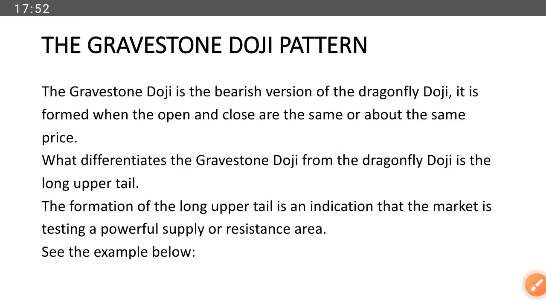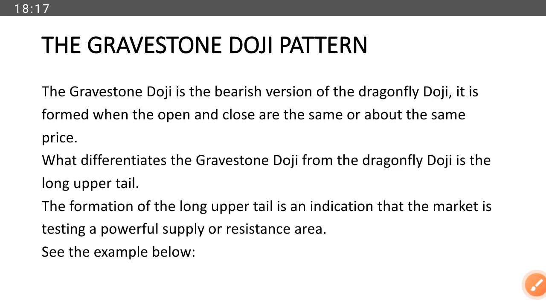The next one is the gravestone doji pattern. The gravestone. As the name indicates, it says grave. You know the way a gravestone looks like. So the gravestone doji is a bearish version of the dragonfly doji, just like opposite.